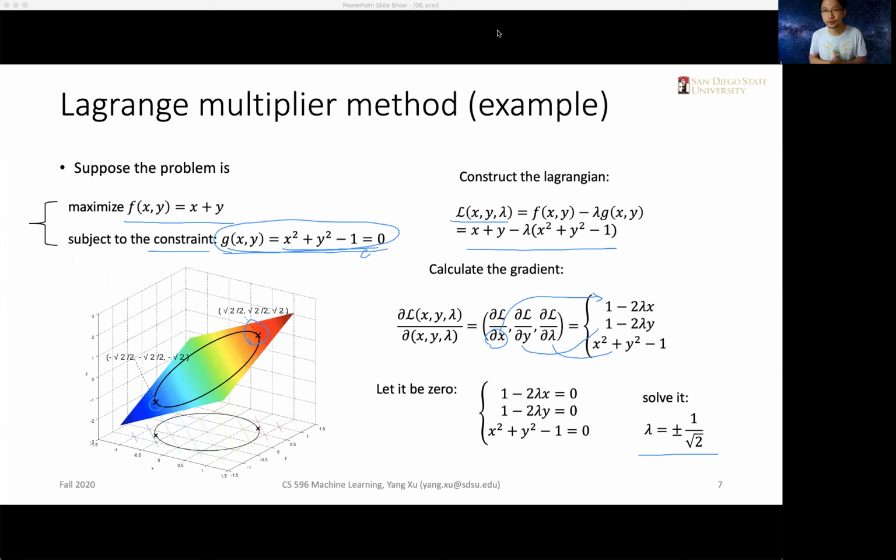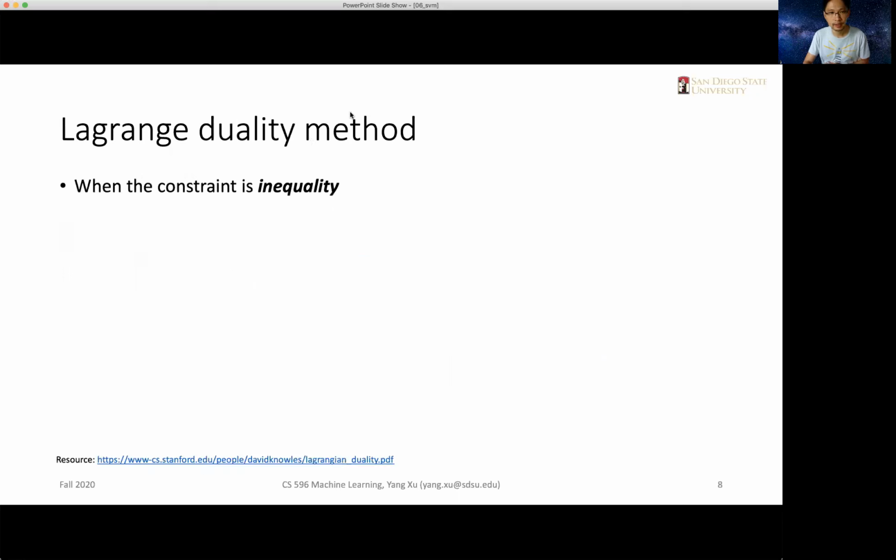All right, so that is the first piece of knowledge. We get to warm up a little bit here, and next, things are getting more complex, because in some other cases, the constraint is not necessarily an equality, but it could be an inequality.